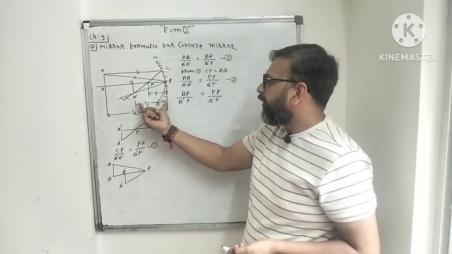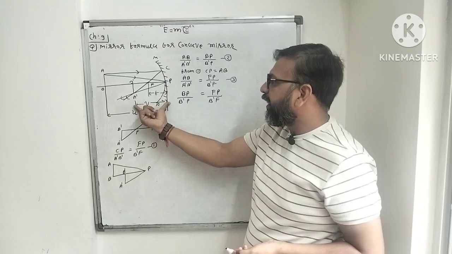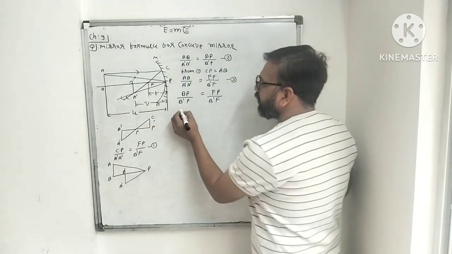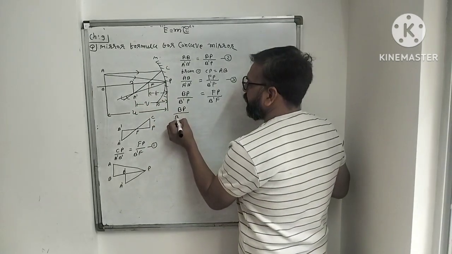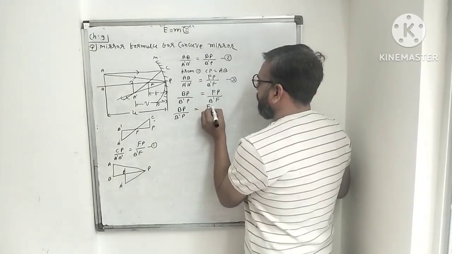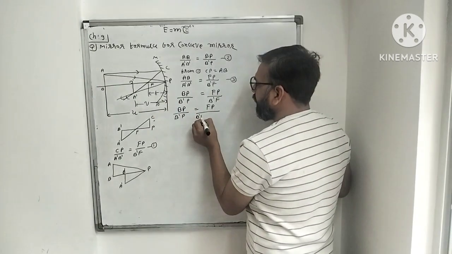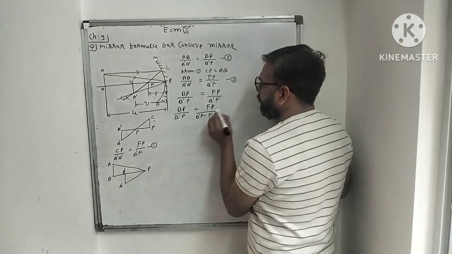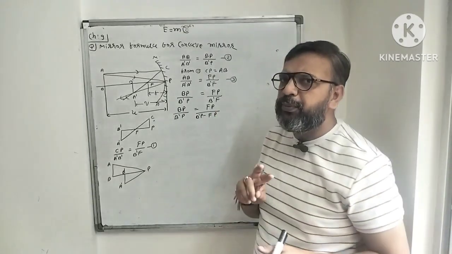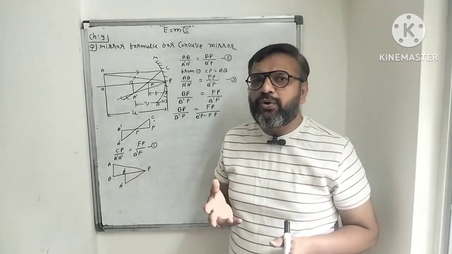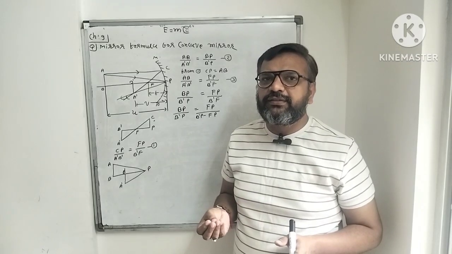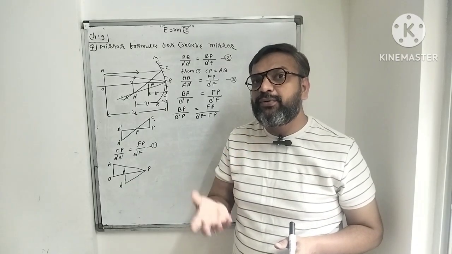So here we make the calculation larger minus smaller. In place of B dash F we write B dash P minus FP. Now put the values. Here are two methods: first, use all the distances with sign convention, and second, all the distances without sign.